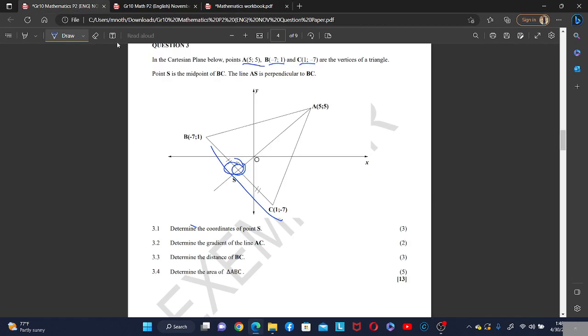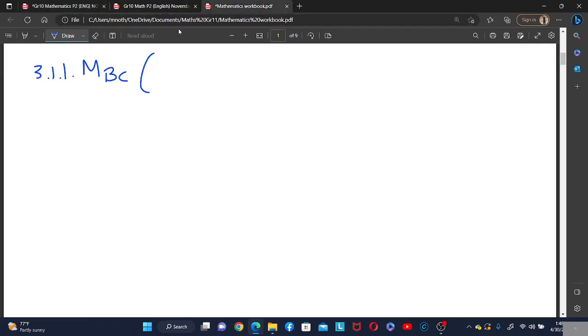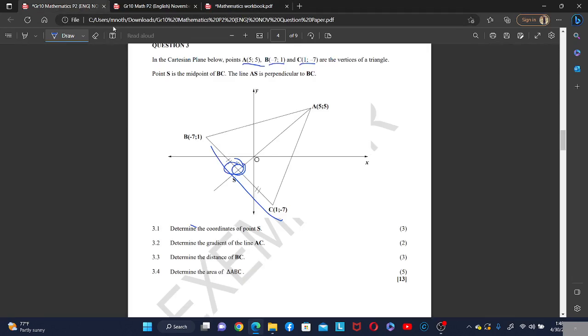So we're going to have x1 plus x2 all over 2, and y1 plus y2 all over 2. Let's continue. Okay, so the coordinates of B and C.